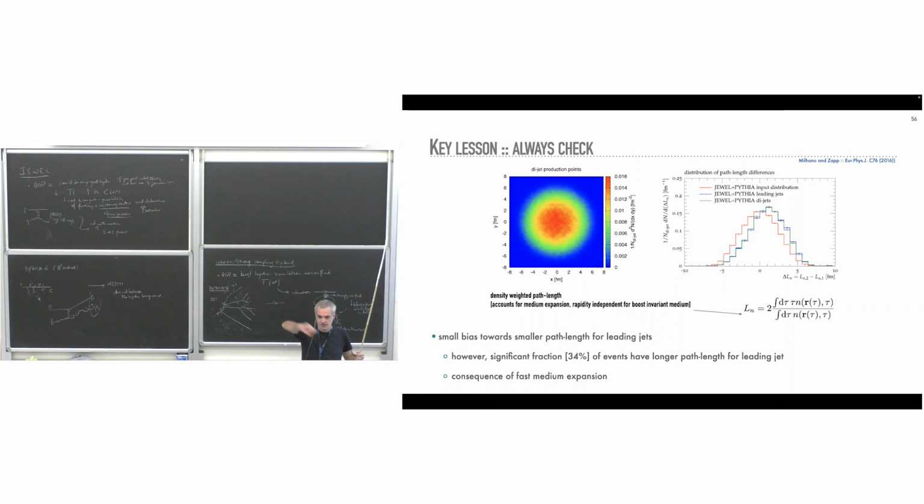It's not just a line. It takes into account how much QGP I saw. The ones that traveled more lost less energy. So there was about a year and a half looking for bugs in the code. There were none. So what's going on?